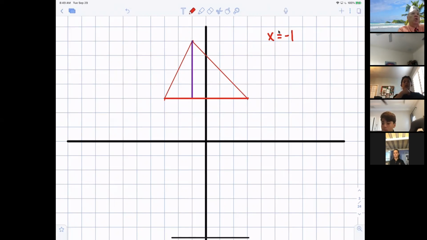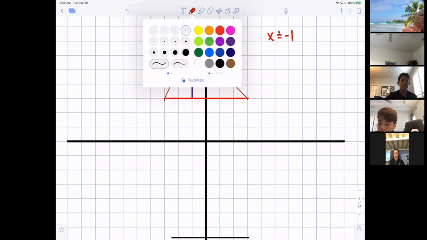Now I'm going to draw another altitude. Altitude has to do with what? Perpendicular. When you're talking about slopes, perpendiculars are what? Negative reciprocals. That's correct. So I want everybody to take a look at this line right here.